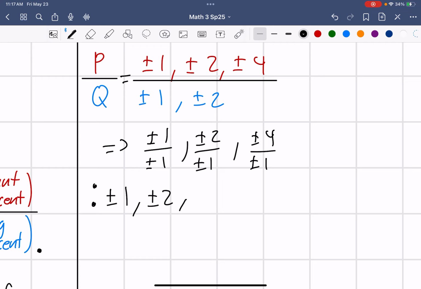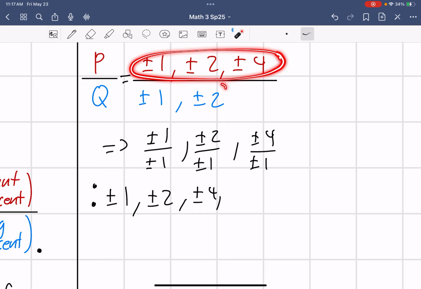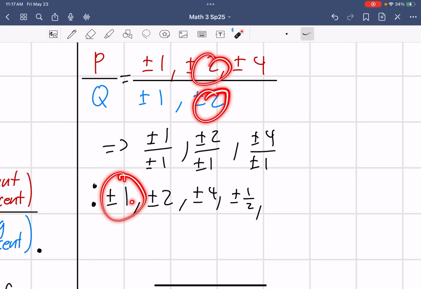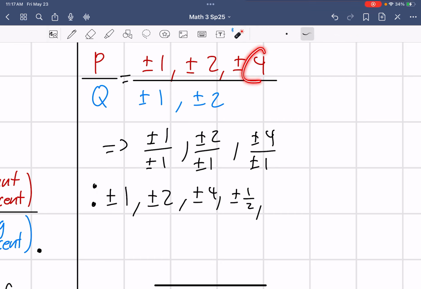And then 4 divided by 1 is going to be 4. And then you take each one of these again and divide it by your 2. 1 divided by 2 is a half, so it's going to introduce another possible zero. But 2 divided by 2 is 1. It's already a possible zero. We don't have to do it again. And 4 divided by 2 is another possible zero that we don't have to try again.